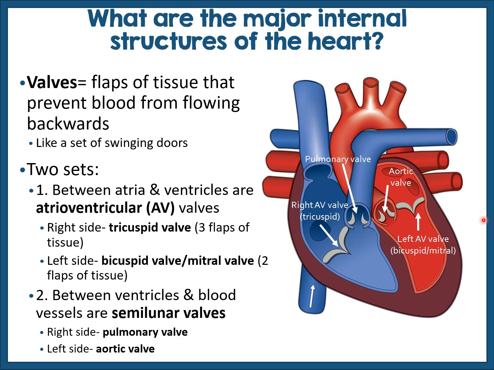And that should make sense because it's going to leave the ventricles and it's going to go to the lungs. And on the left side of the heart, we have a valve that's also a semilunar valve between the left ventricle and the aorta. That is called the aortic valve. And these are called semilunar because they are in the shape of half moons.